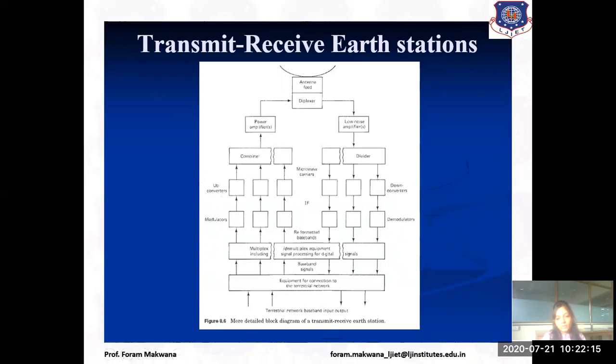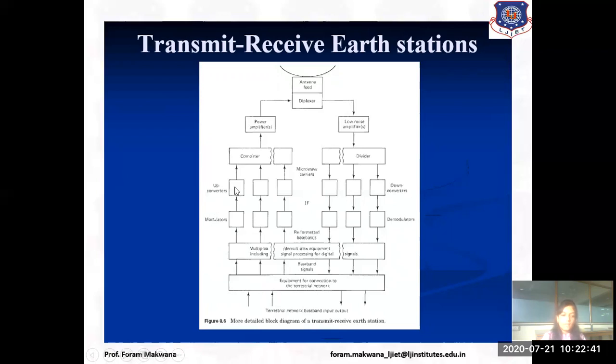What do you mean by terrestrial network? Terrestrial network means ground-based network. Okay, so these are the terrestrial network baseband inputs and outputs. These are the inputs which are coming over here. They are multiplexed with the help of the multiplexer. Then it is modulated to transmit the signal to a longer distance.